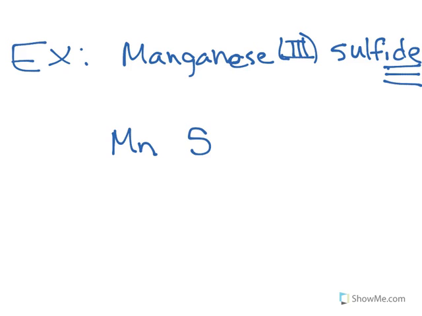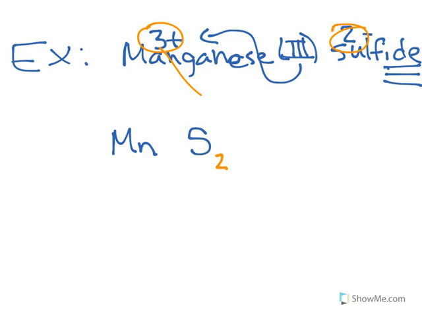Sulfur is a group 16 element, so it's going to have a 2- charge. Manganese has a Roman numeral of 3, so it's going to have a 3+ charge. So we're going to take the 3 from manganese, that's the subscript for sulfur. We're going to take the 2 from sulfur, that's the subscript for manganese. Simple, simple, simple. Okay? It's really easy. We told you the charge of manganese. Okay? That's what that Roman numeral is.